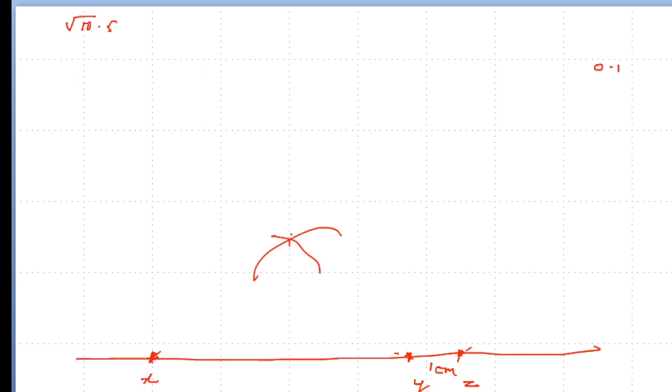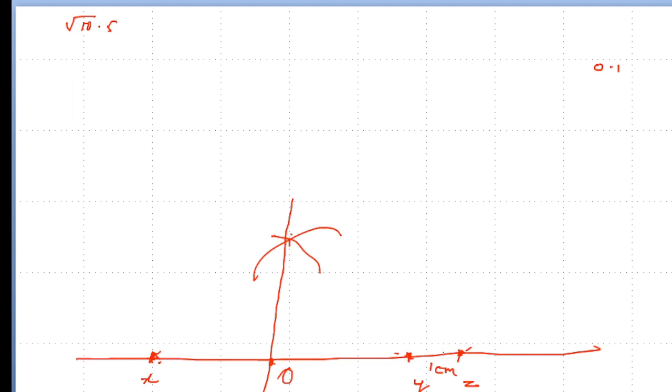It is not necessary to repeat how to bisect. Now join it. I am making it with the pen tab, so it is not coming out perfectly, but with a tool it will come properly. Give the name O. So now O is the midpoint of X and Z.